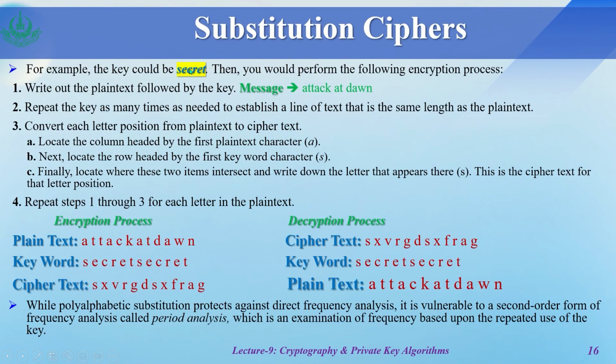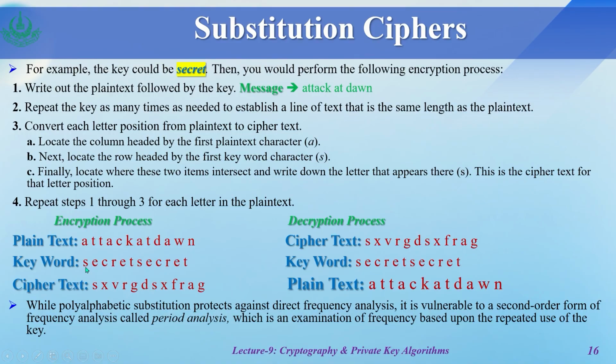Suppose we have a secret key, secret, and the message is attack at dawn. Now we write the plain text attack at dawn, and beneath it we write the secret key, secret, repeated up to the last letter when the message is completed.